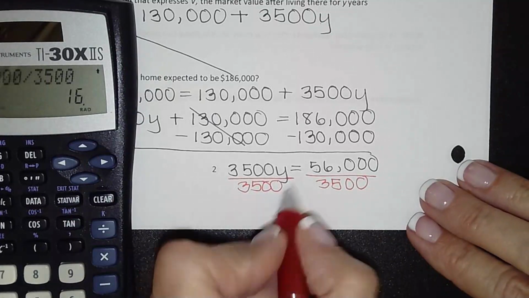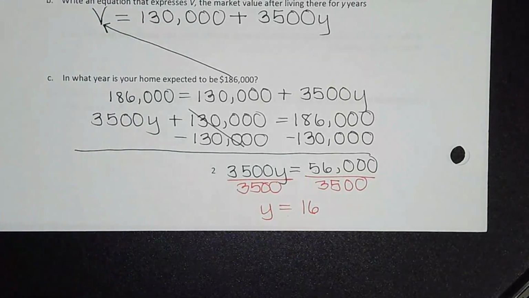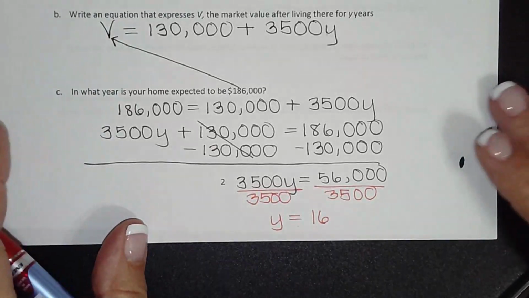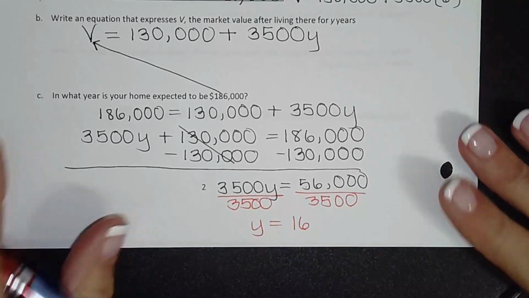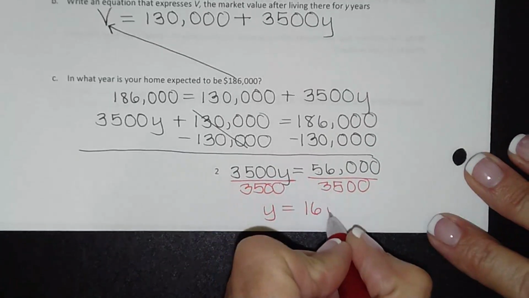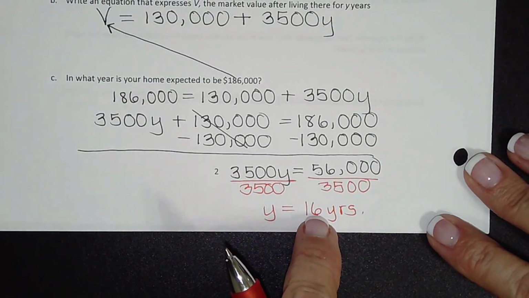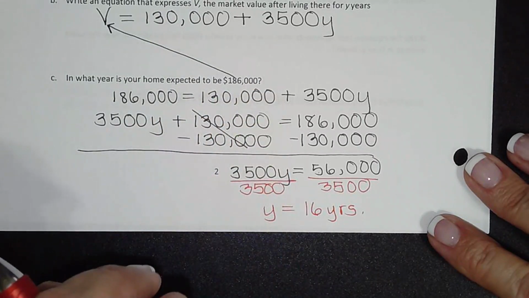So we have Y equals 16, and I don't even have to guess what Y is because Y is years. That's why we picked Y. So if we had to write a full sentence, in 16 years, the home's value will be 186,000.